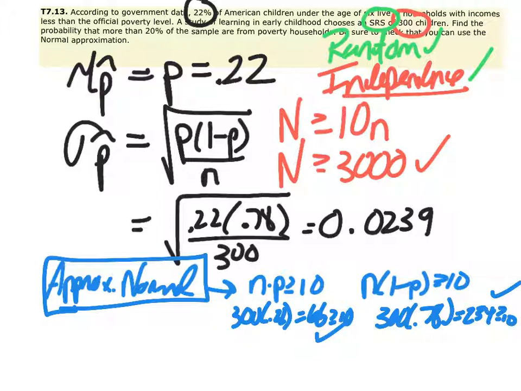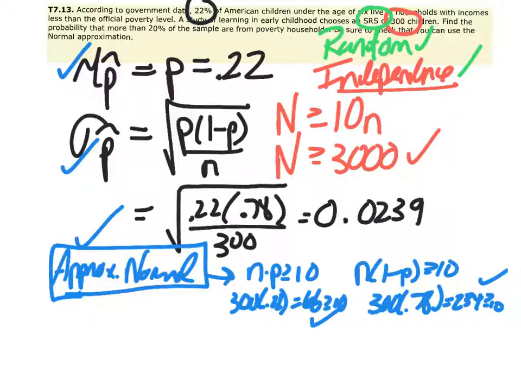So now we have our center, our shape, and our spread for this new distribution. All we have to do now is wrap up and actually answer the probability question. So looking back, the question is to find the probability that more than 20% of the sample are from the poverty households.